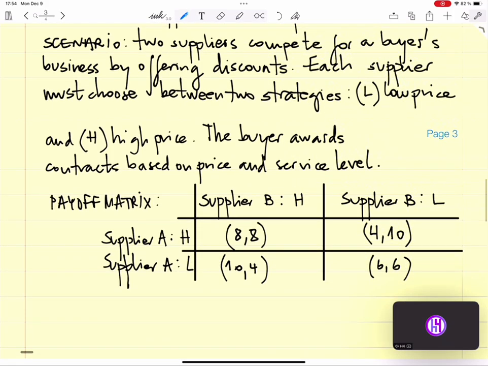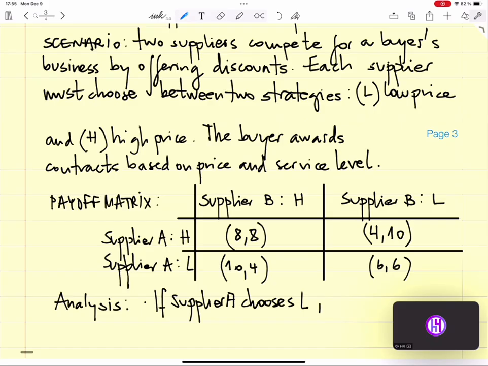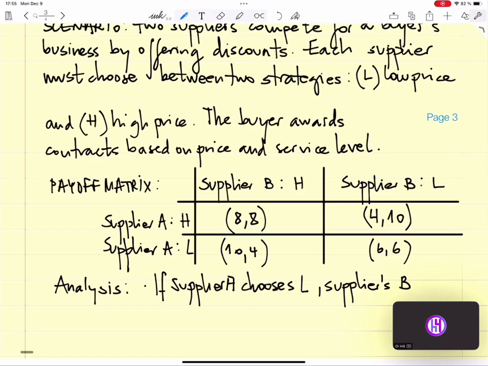So the analysis goes like this. If supplier A chooses to lower the price, supplier B's best response is to also lower the price.